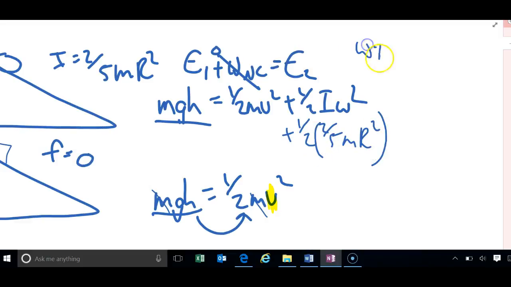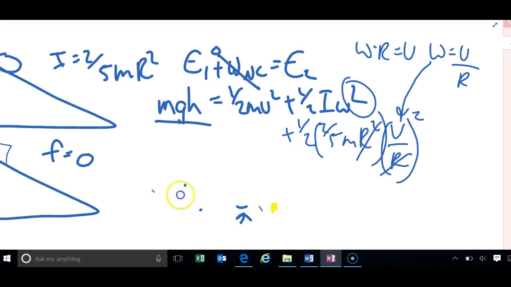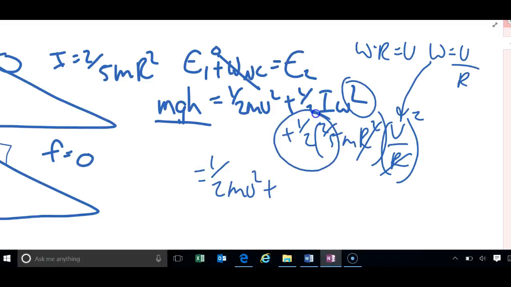We said omega times r equals v, so omega equals v over r, plugging that in here for omega, so v over r, and omega is squared, so I have to square this, so this r squared cancels that r squared, so I end up, for this problem, having 1/2 mv squared plus 2/10 mv squared equals mgh.